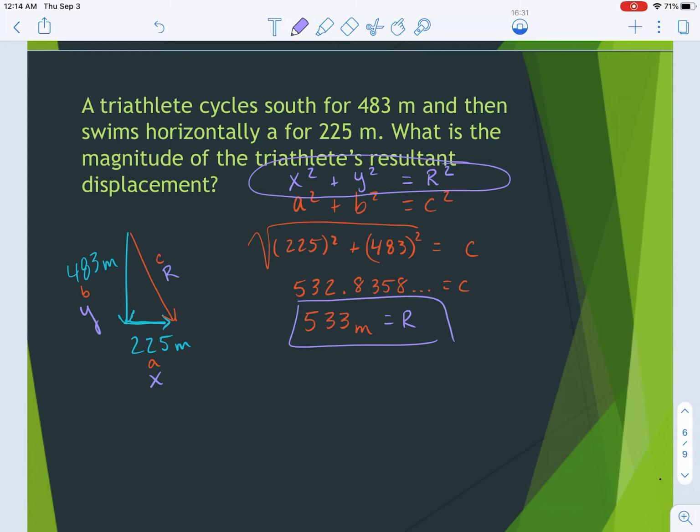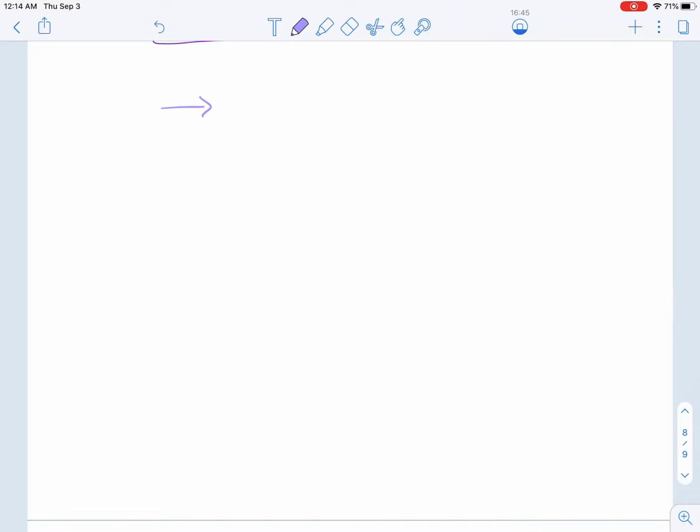All right. So question 1, I'm going to take a second and find some empty space here. Question 1 says that we have an ostrich that is running east, and it is traveling for 7.95 seconds. All right, now it says that it's going to then run 161 meters south.